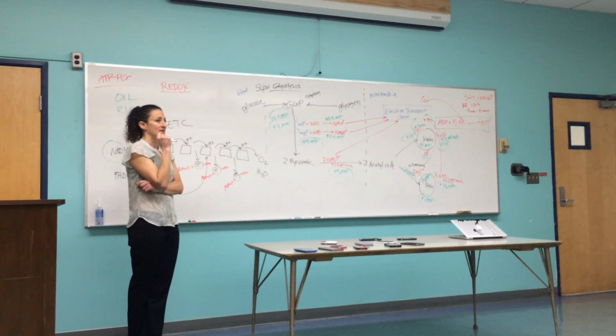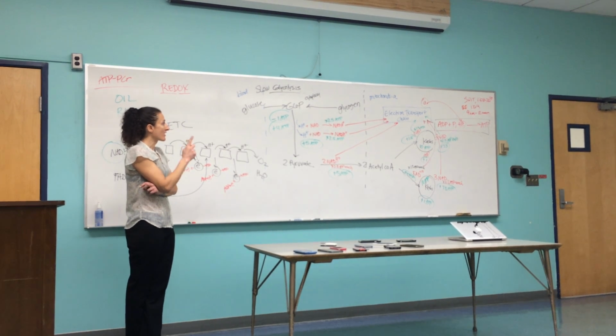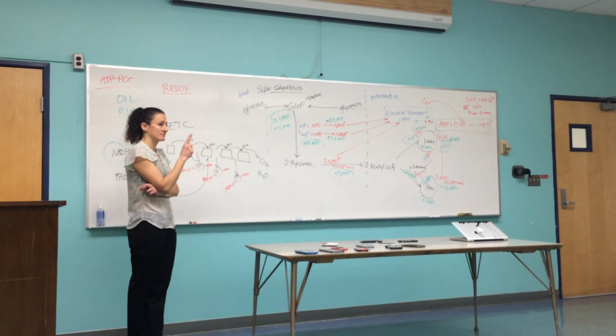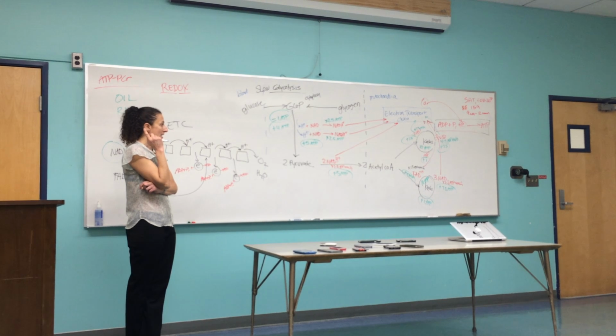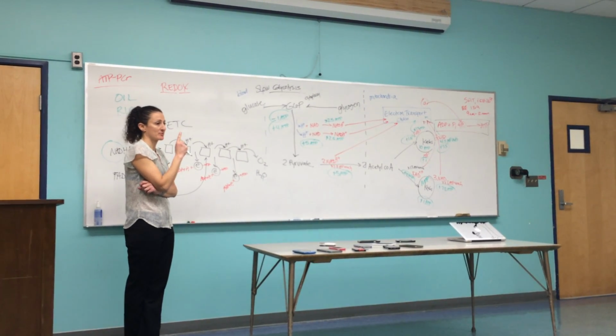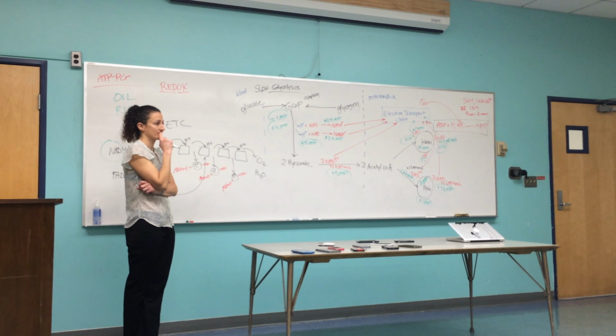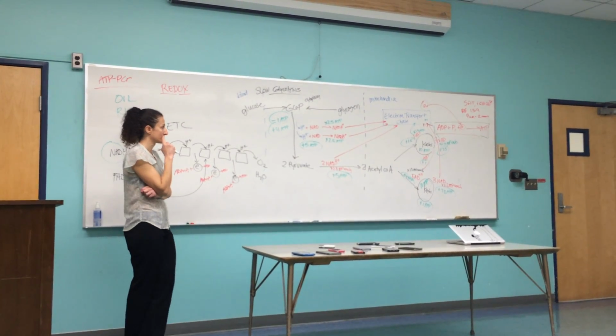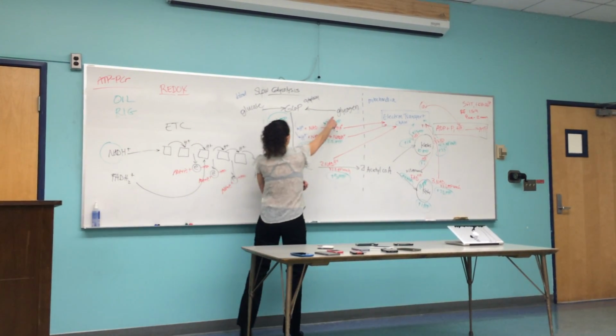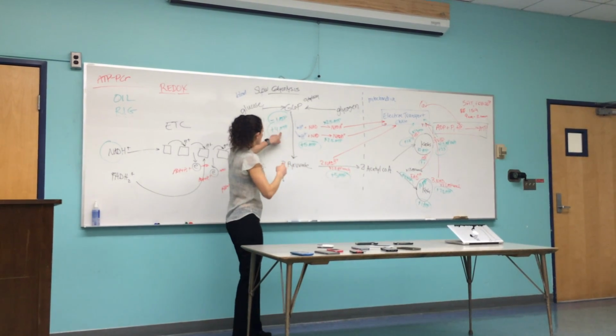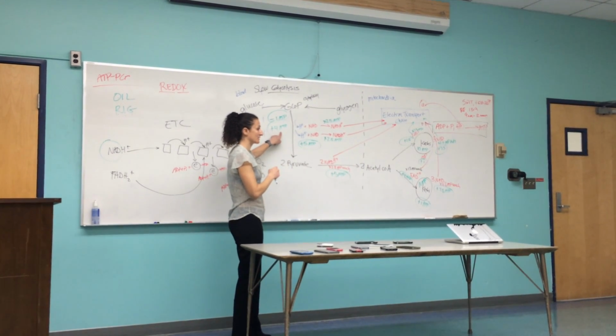So, if I came from glycogen, how many total ATP did I produce? If I came from glycogen, I have these, which is 3.